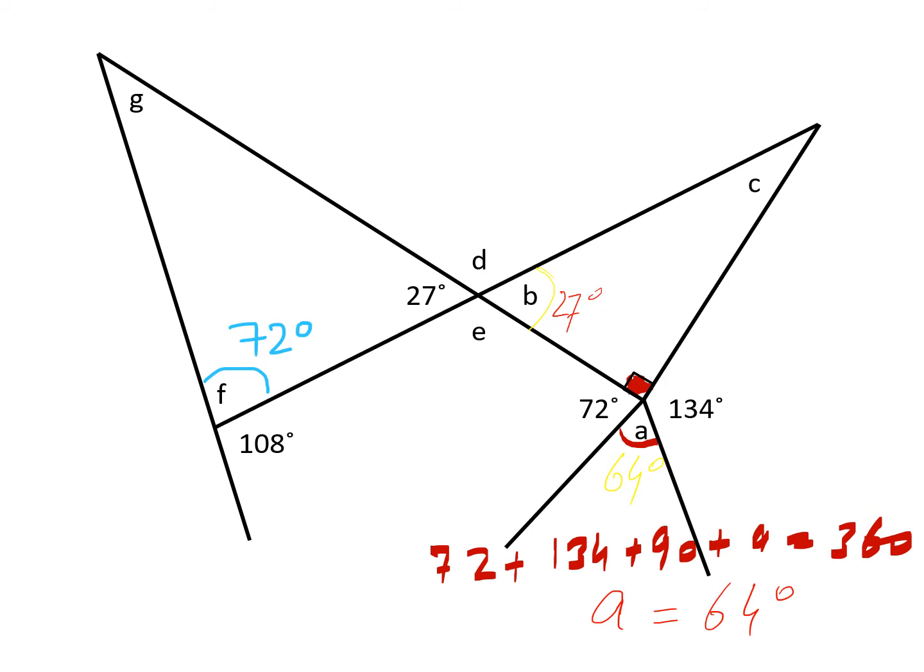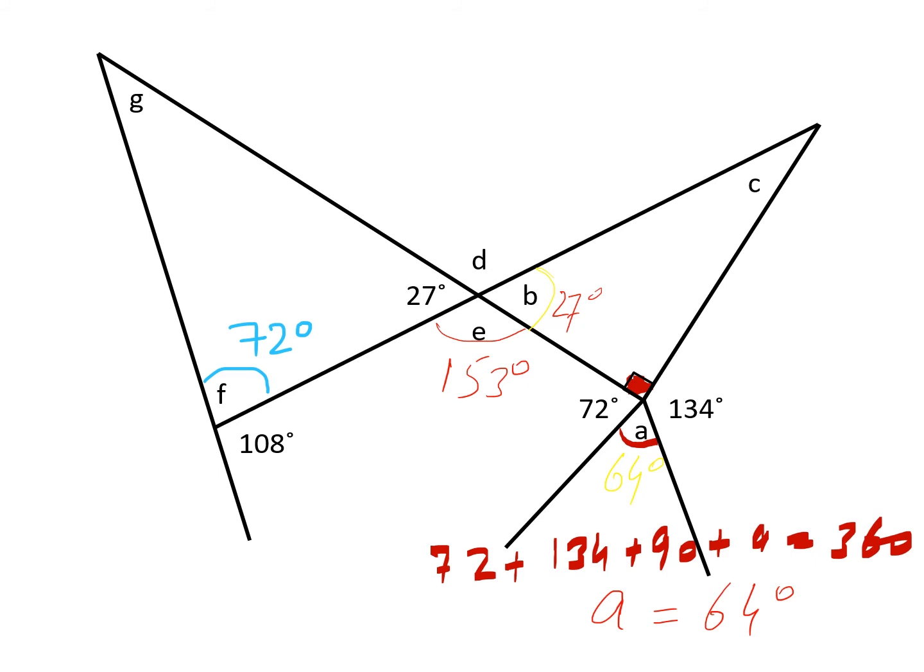If this is 27 degrees, and we want to find the value of e, again we know this is a straight line. Angle at a straight line is how much? 180 degrees. So 180 minus 27 will give us the value of this one, which is 153 degrees.